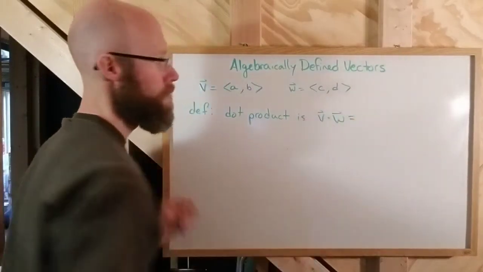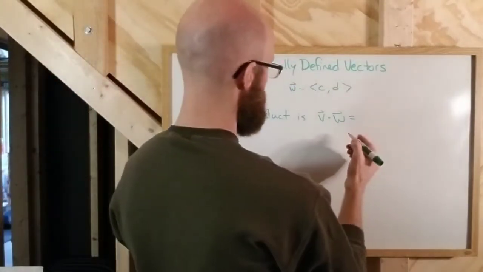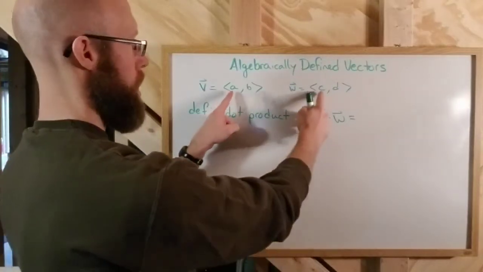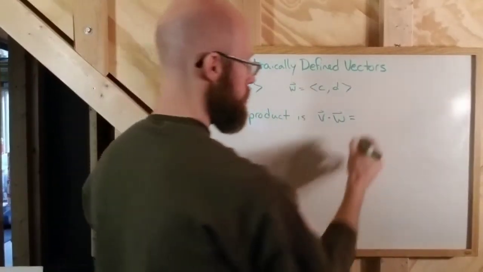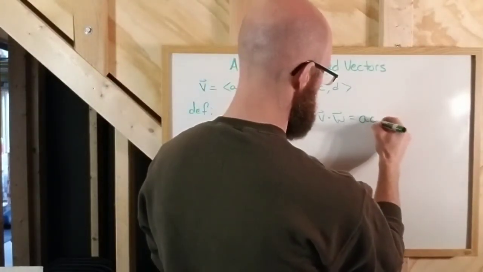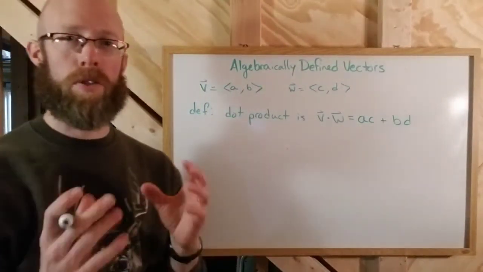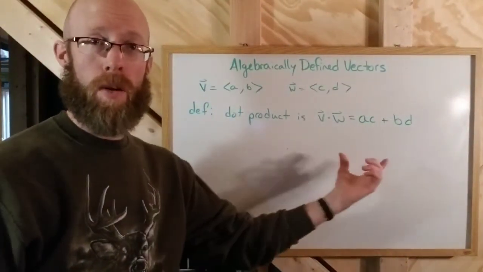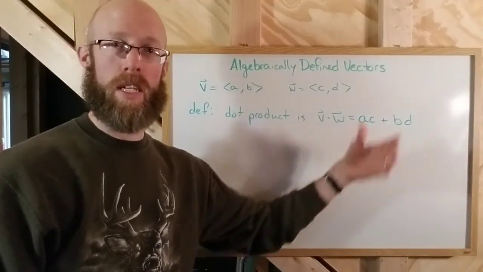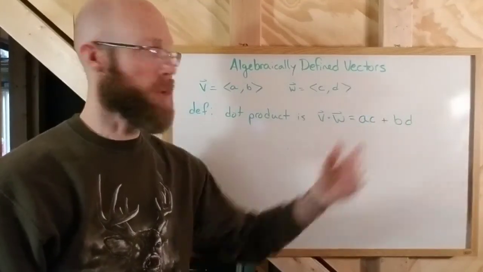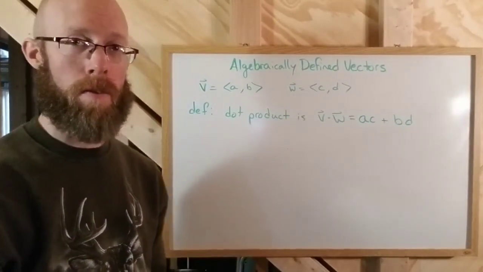It's a way of sort of multiplying two vectors together. And to do that, we're going to multiply corresponding components together and add those products. So it would be ac plus bd. Okay, we're going to multiply and add. Now, what you end up with is a scalar. You get just a number out, right? So if I'm multiplying two vectors together with a dot product, I'm going to end up with a scalar or a number as an output there.